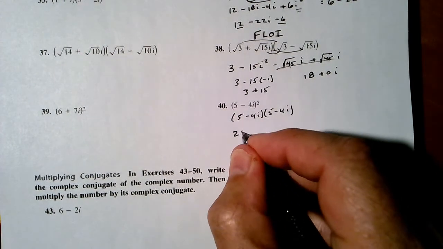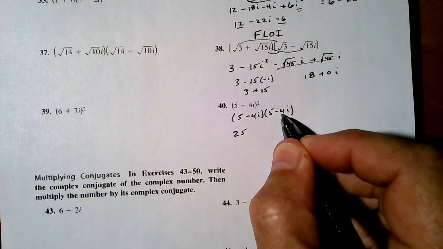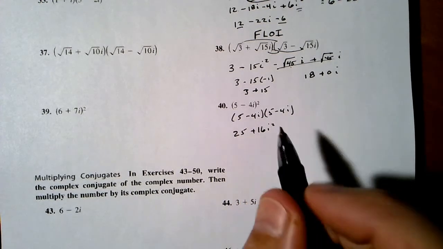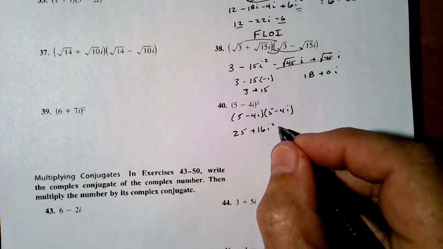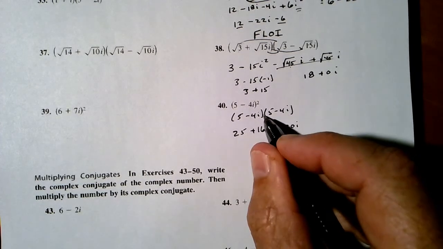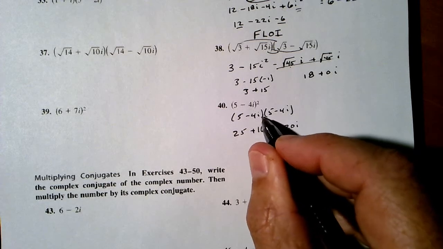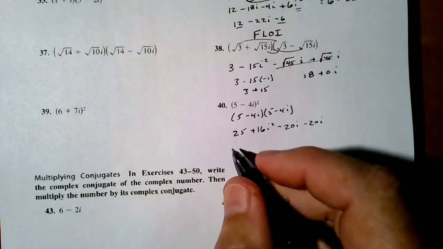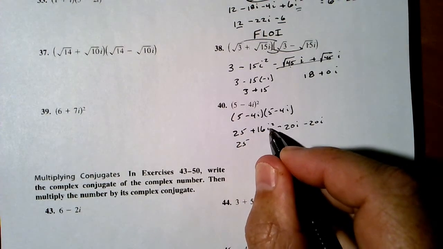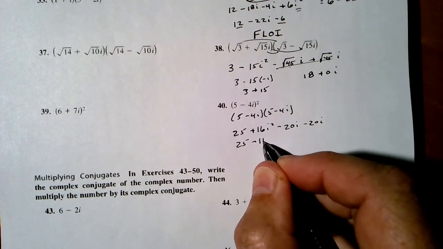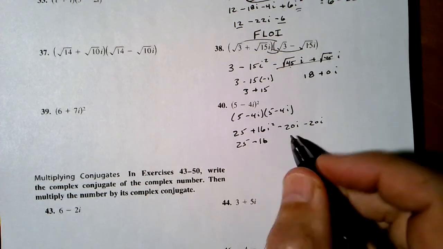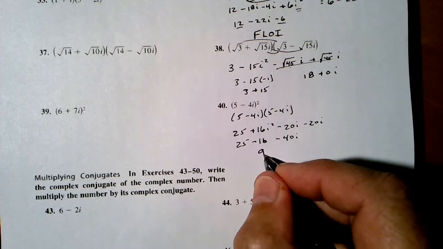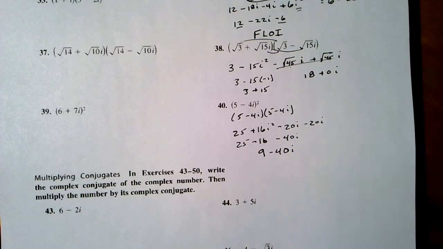Firsts 25, lasts plus 16i squared, outsides minus 20i, insides minus 20i, and we get 25, i squared is negative, minus 16, i squared is -1, we have minus 40 i's. So for final answer, 9 minus 40i.